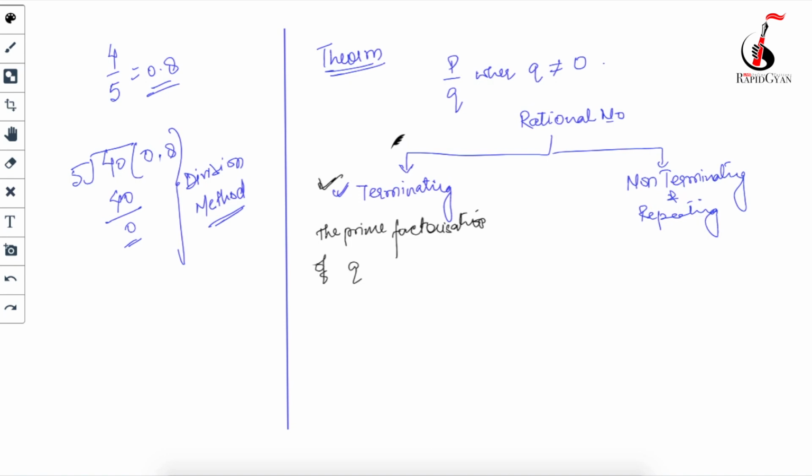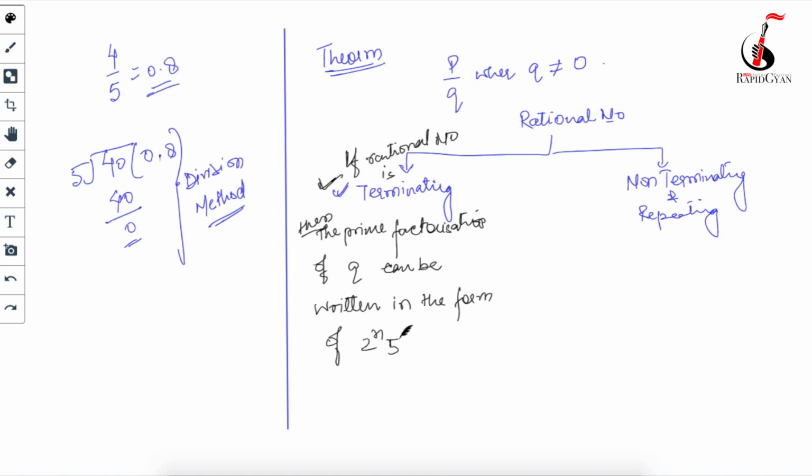So if a rational number is terminating, then the prime factorization of q can be written in the form of 2 to the power n into 5 to the power m, where n and m are whole numbers.